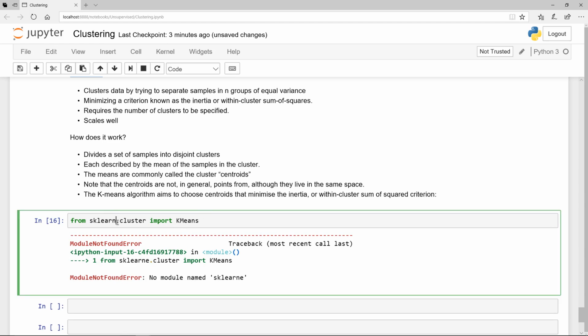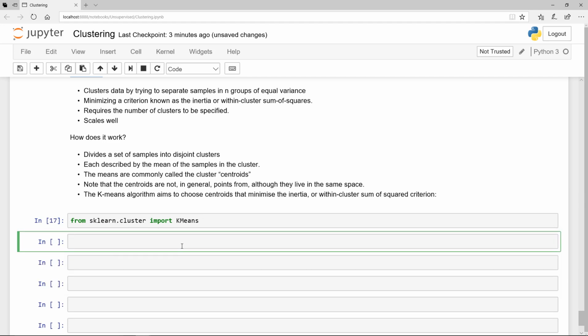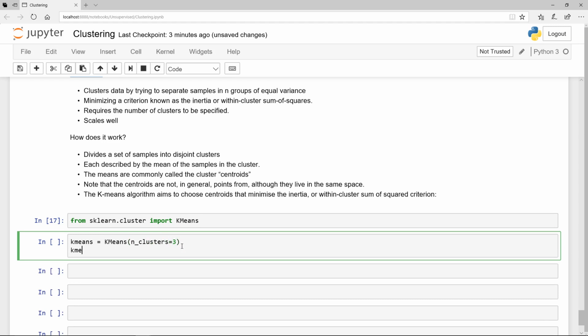The next thing is that we instantiate this: kmeans equals KMeans, and then the number of clusters. This is the part where we don't know, so we're just going to specify 3 to begin with, and then we fit our data after we have instantiated that.